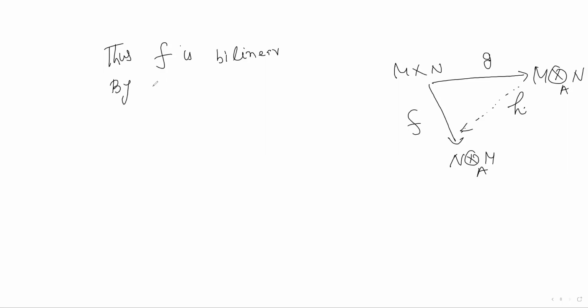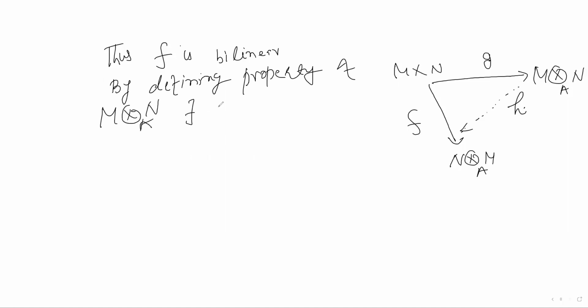So by the defining property of M tensor product N over A, there exists a unique homomorphism h, which makes the diagram commute.